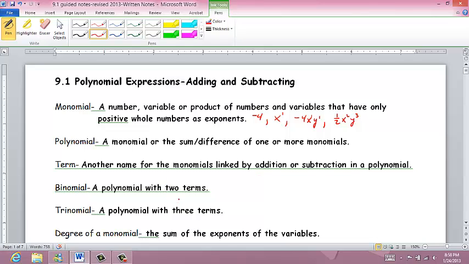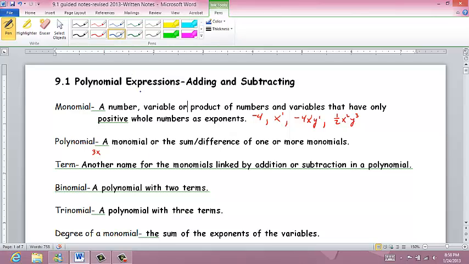Now, a polynomial. If we take a bunch of monomials and add and subtract them together, we would create a polynomial. A polynomial is a monomial, meaning you could have a polynomial with one term, or the sum/difference of one or more monomials. If we were to take, say, the term 3x, this would be a polynomial with one term.